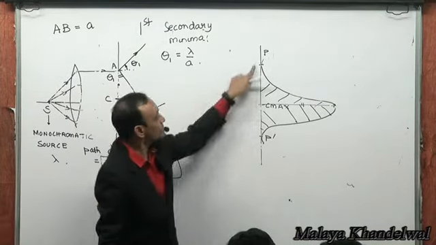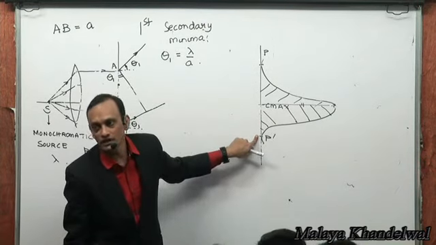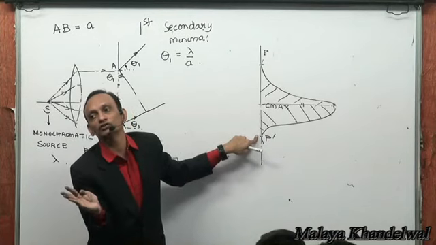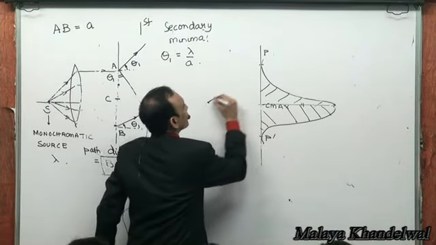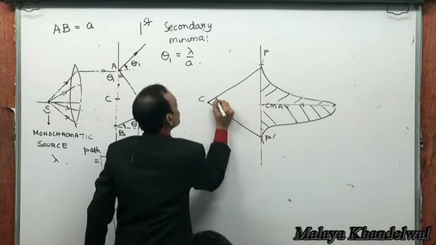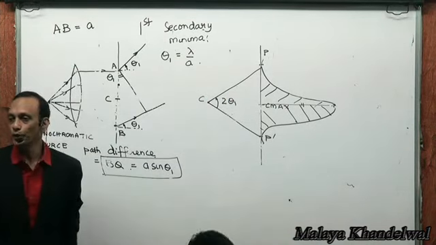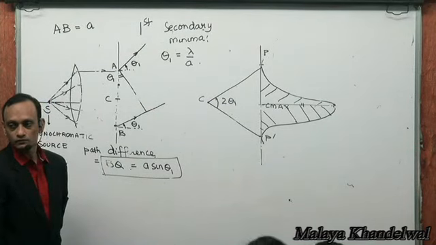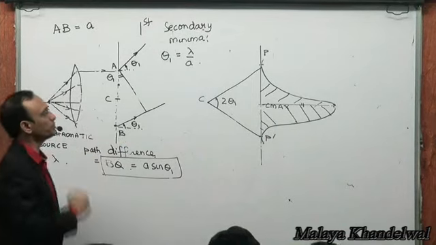This region around the central maximum is the linear width of the central maximum, and 2 theta 1 is its angular width, which we've already obtained. Now, let me proceed.